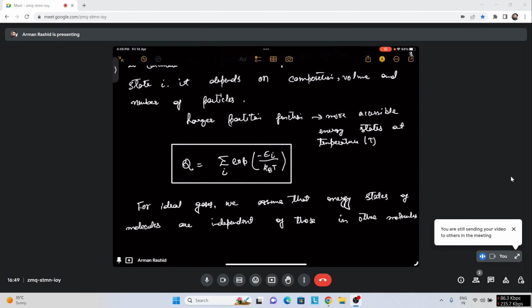In the case of ideal gases, since the gases don't interact with one another, the energy states of one gas are different from the energy states of another system.